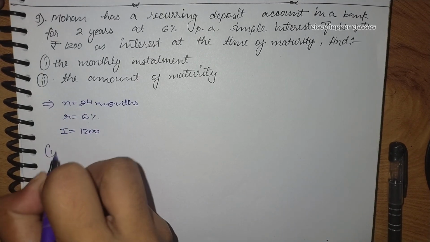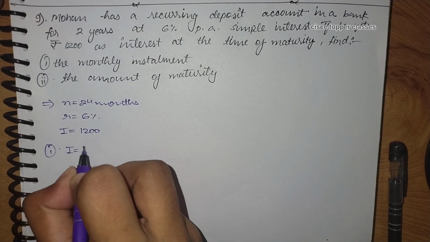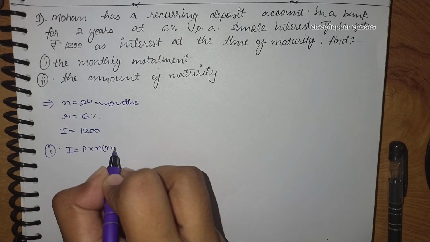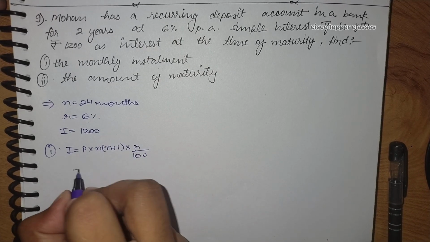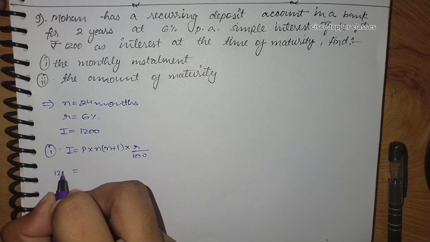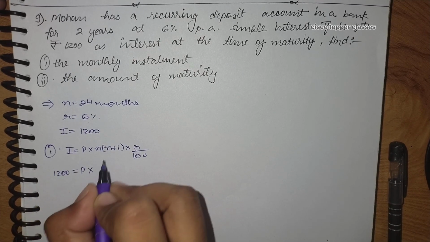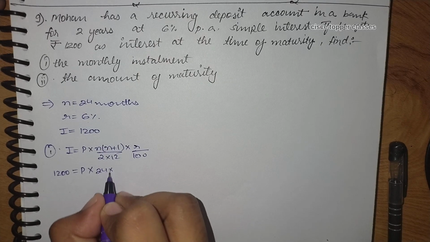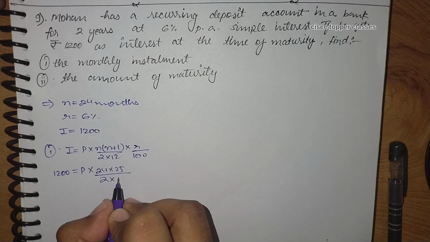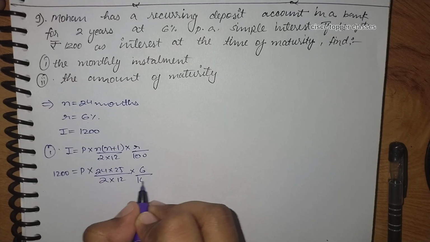So the first part we can simply find by the formula for interest. This is P into n into n plus 1 into rate by 100 equal to interest, 1200. P we have to find, n into n plus 1 divided by 2 into 12. So n is 24, this will be 25 divided by 2 into 12 into rate of interest 6 by 100.